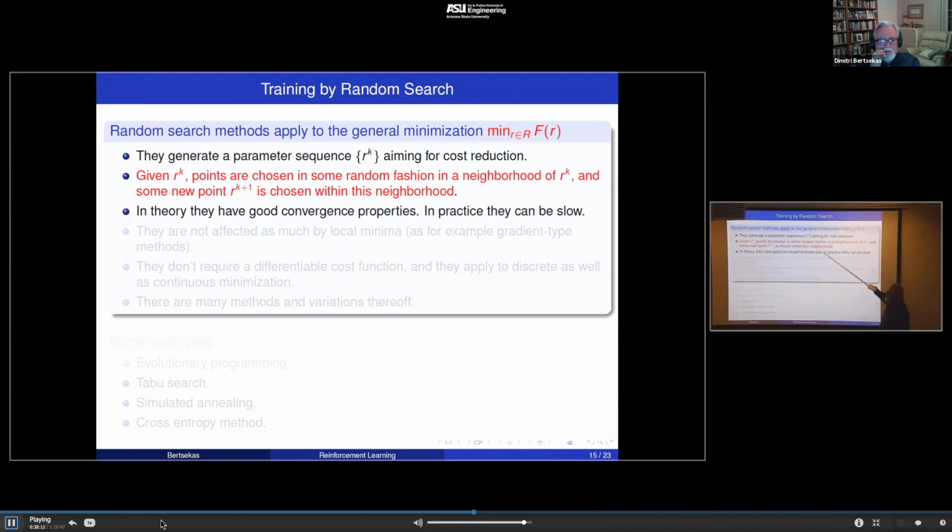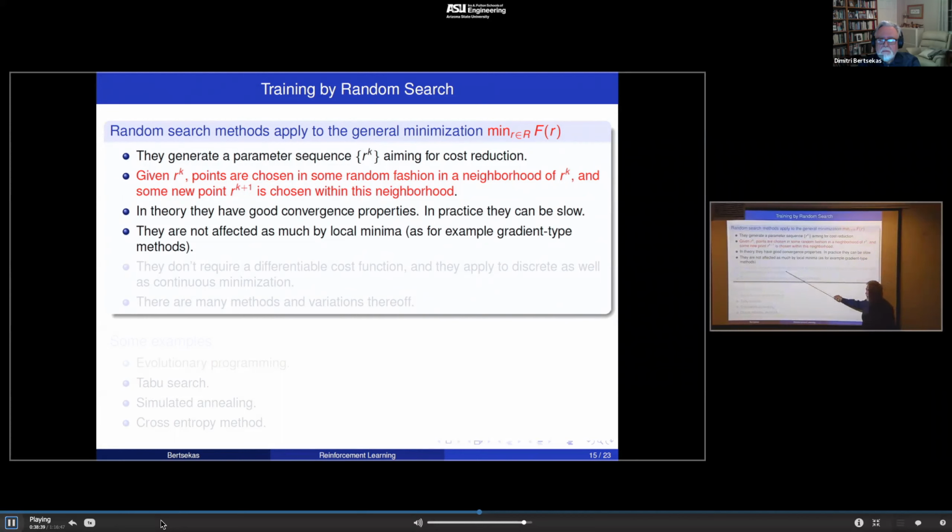There are quite a few methods of this type, and they generally have good convergence properties. In other words, you'll see theorems that given a sufficient number of random points, you can get arbitrarily close to the optimal solution. However, in practice, they tend to be slow. An advantage that they have is they don't care about local minima.